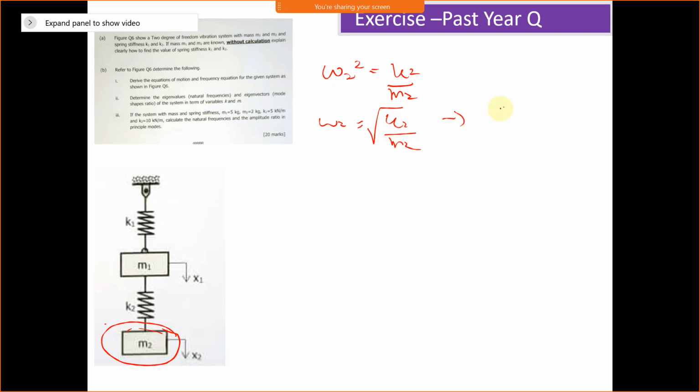Then we know that T2 equals to 2 pi over omega 2. Okay. Then omega 2 equals to 2 pi over T2.